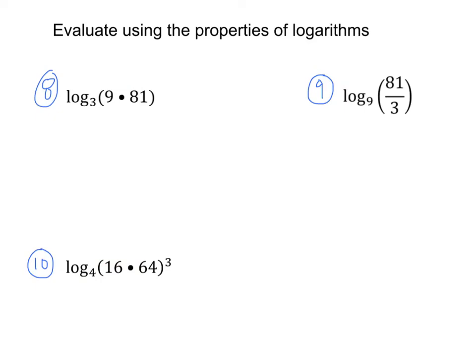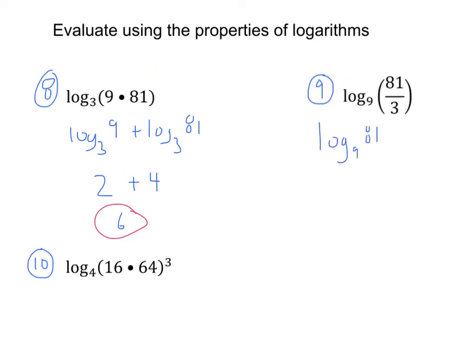Okay, here are the answers real quick. So for number 8, I can rewrite this as log base 3 of 9 plus log base 3 of 81. Log base 3 of 9 is 2, log base 3 of 81 is 4, so 2 plus 4 is 6. For the second one, I can rewrite this as log base 9 of 81 minus log base 9 of 3.